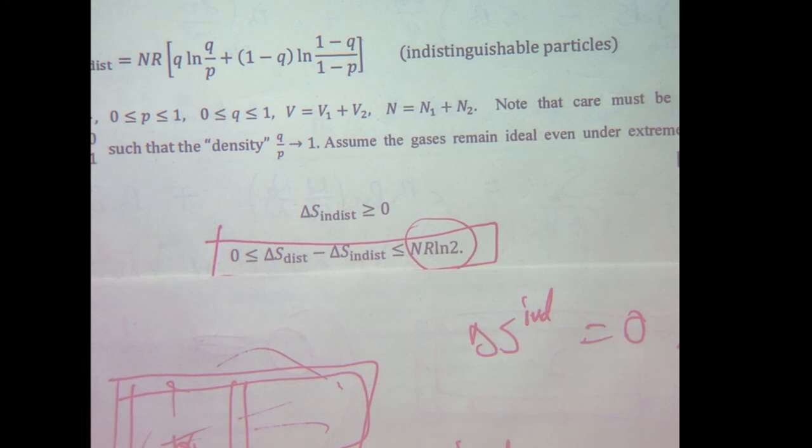Because for indistinguishable, the swap wouldn't change the state because they're the same. It wouldn't represent a different state. But for distinguishable particles, if you swap them, it's a different state. So there are two states, it's either there or there. And if you swap, it depends on the number of particles, because you can swap them all, which would be 2 to the n, maybe.